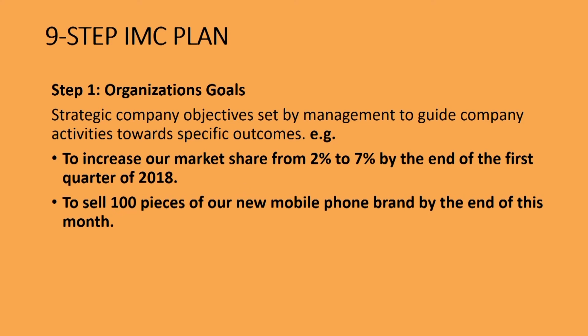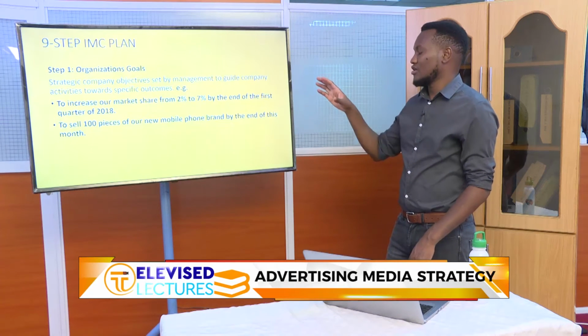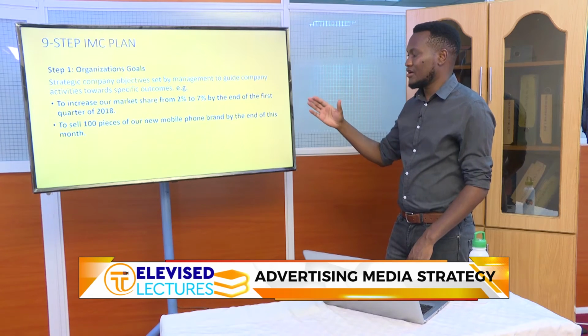And I've already come up with an example here that you can use, which is the organizational goal at this stage: to increase our market share from 2% to 7% by the end of the first quarter of 2018. So the first quarter is January to April or thereabout, or March.